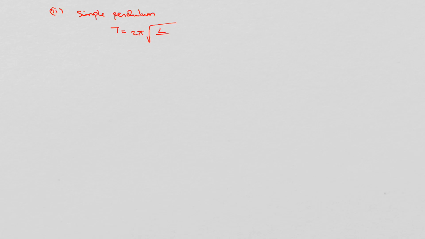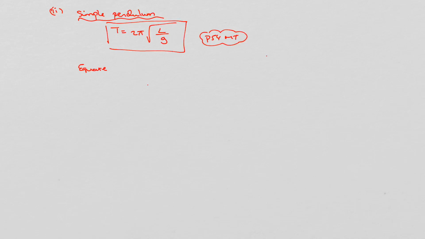So as not to confuse it with the compound pendulum length, I'm going to use a capital L for our simple pendulum length. And then we're going to equate our simple and our compound pendulum.